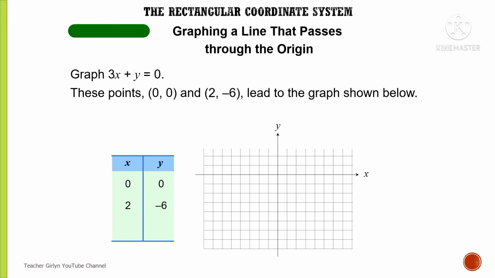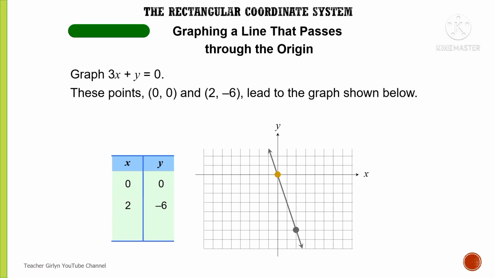So here it goes, the graph of 3x + y = 0. The points are (0, 0), because the equation 3x + y = 0 is passing through the origin, and then the other point that we solved a while ago, (2, -6). These lead to the graph shown below. We have (0, 0), which is the x- and y-intercept, and then (2, -6).